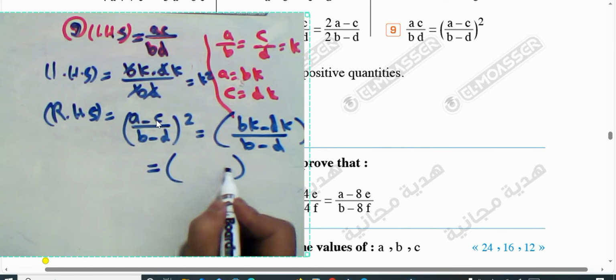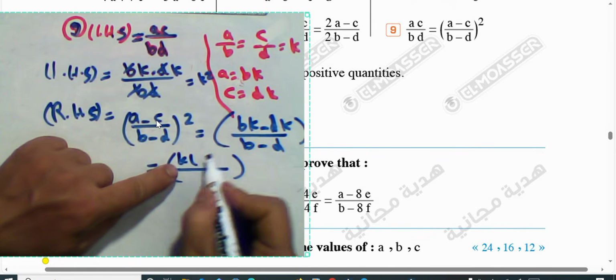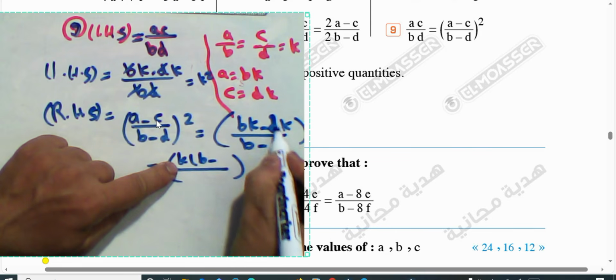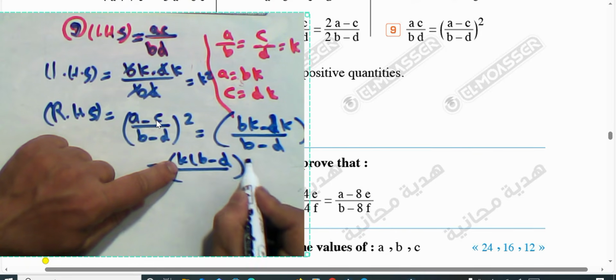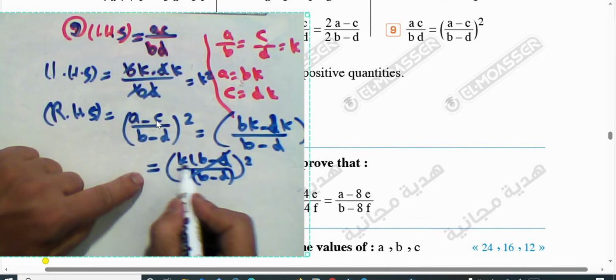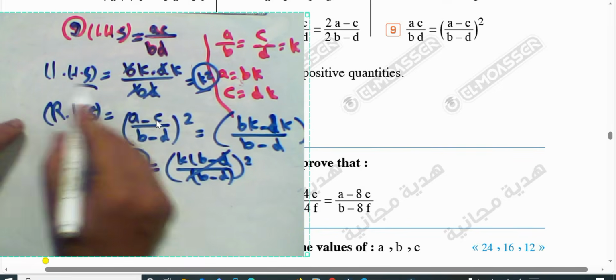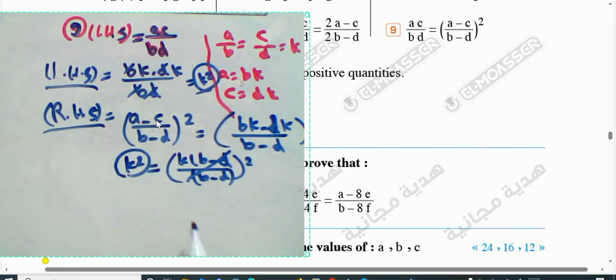Okay, first step, you can write the common factor up. It will be k was repeating. bk divided by k equal b, and the dk divided by k equal d. We have power 2. Down b minus d, we can divide it together, then the result will be k power 2. It is the same, right hand side equal left hand side equal k power 2. Next question.